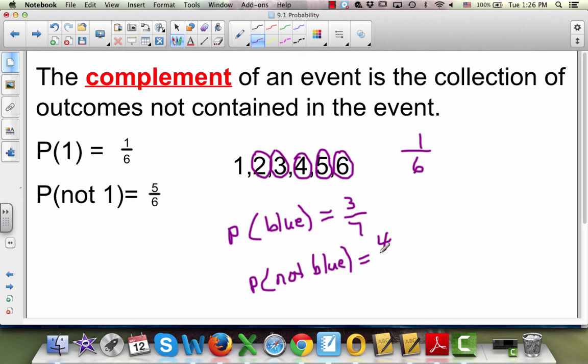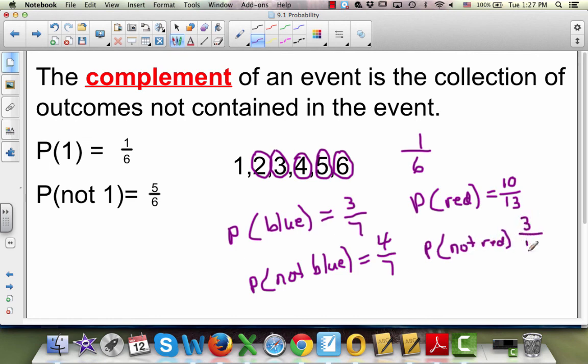Yes, it would be 4/7, because 4 and 3 make 7/7. What about the probability of red is 10/13? The probability of not red would be what? Yes, 3/13. Okay, you're catching on to it.